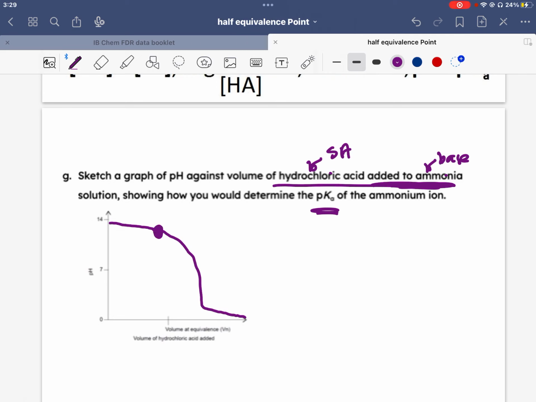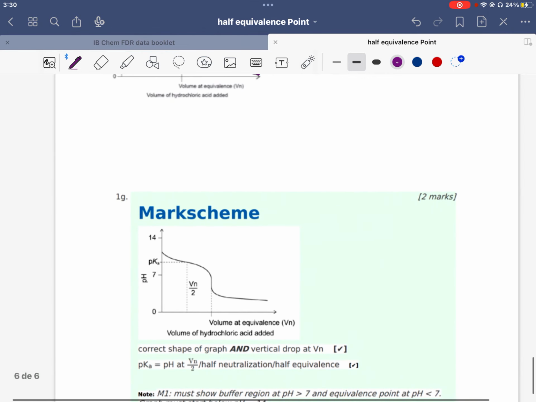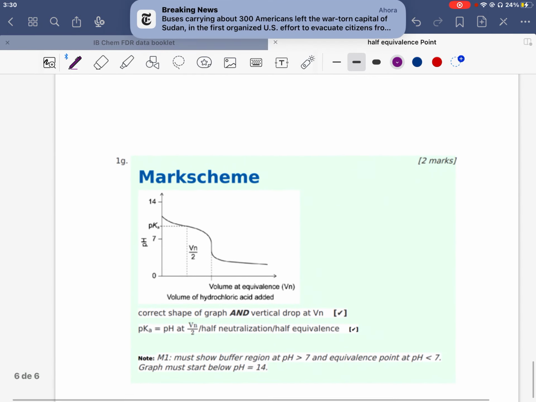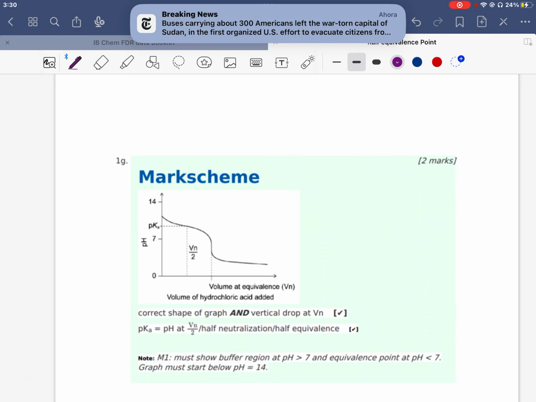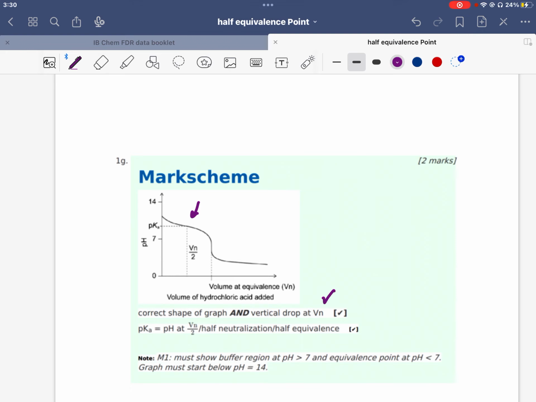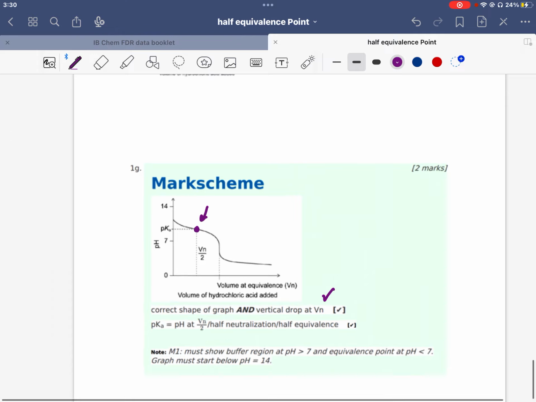Well, the half equivalence point, that's going to be pH is equal to pKa here, pOH is equal to pKb here. They didn't really give us a number here, right? They actually just annotated the graph. So they were looking for the correct shape of the graph, and they were looking for identifying that half equivalence point.